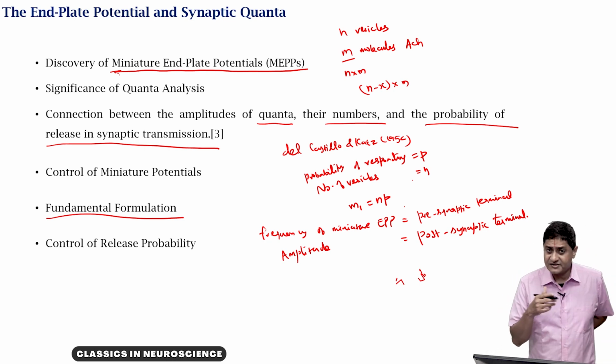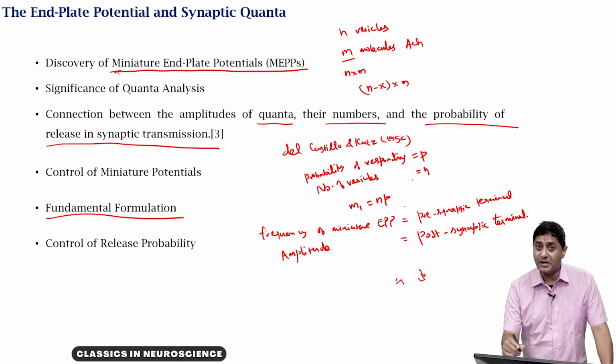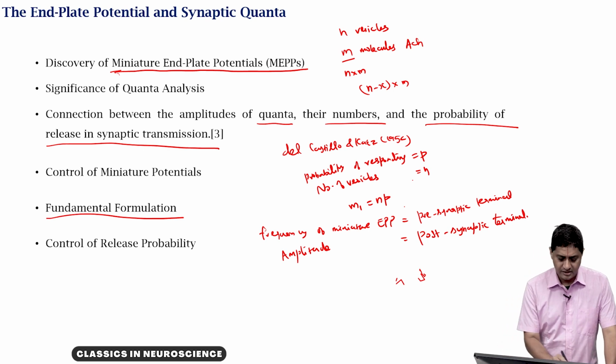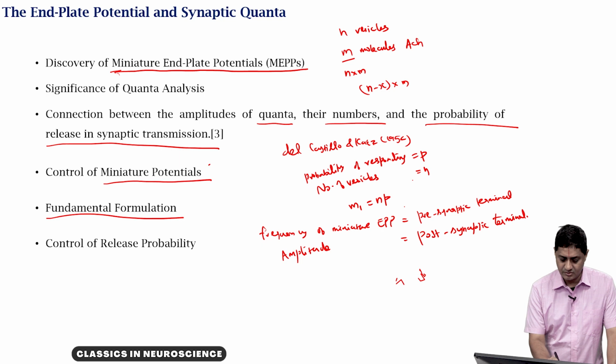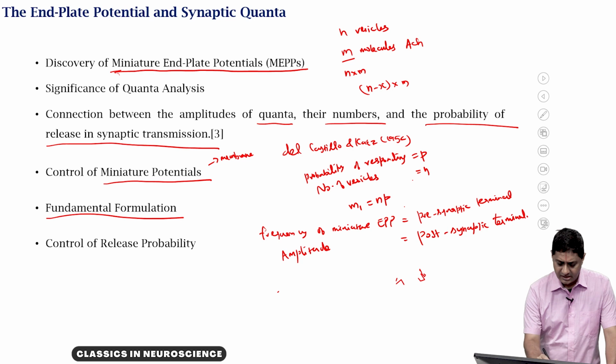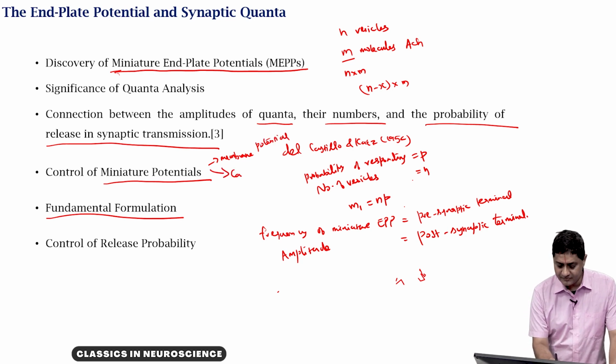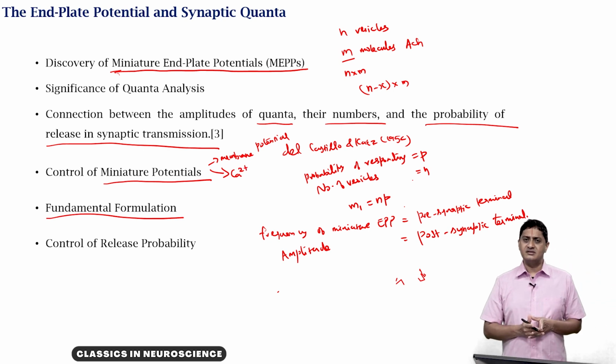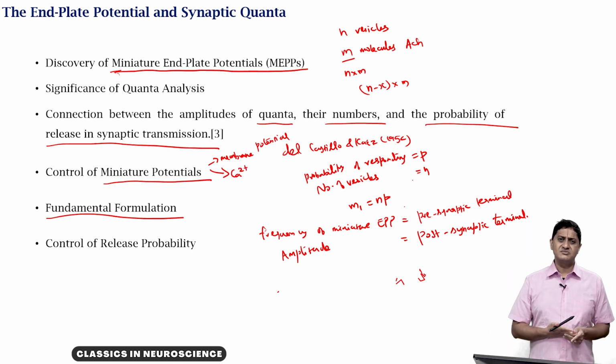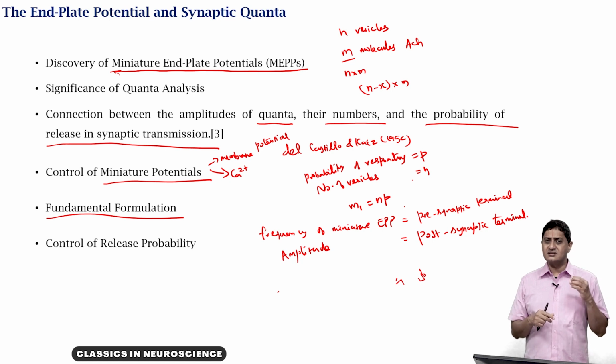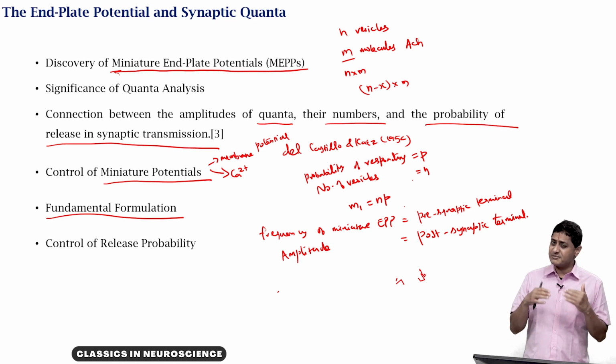Also, it was realized that membrane potential played a crucial role in the control of miniature potentials. Also, in collaboration with Miledi, Katz described a crucial role of calcium. If you had watched my previous video on this subject, you will realize that the amount of calcium that enters inside the presynaptic neuron depends on the resting membrane potential, the difference between the resting membrane potential and the action potential.